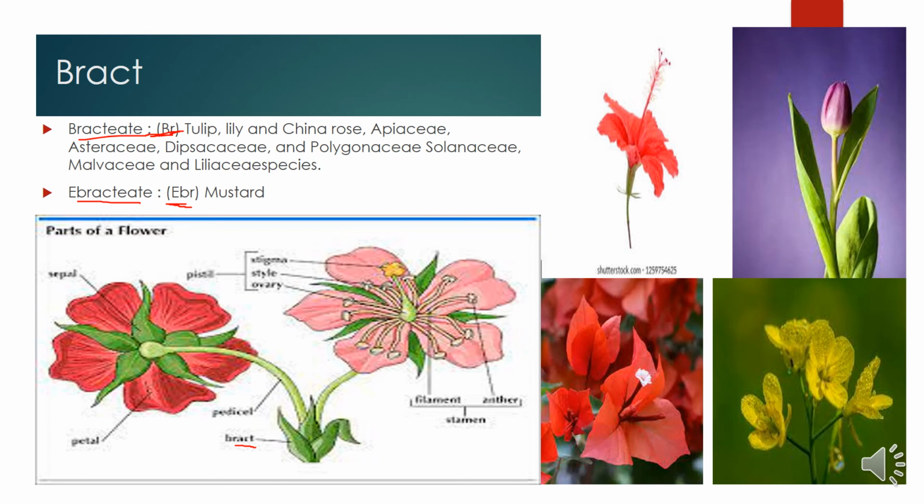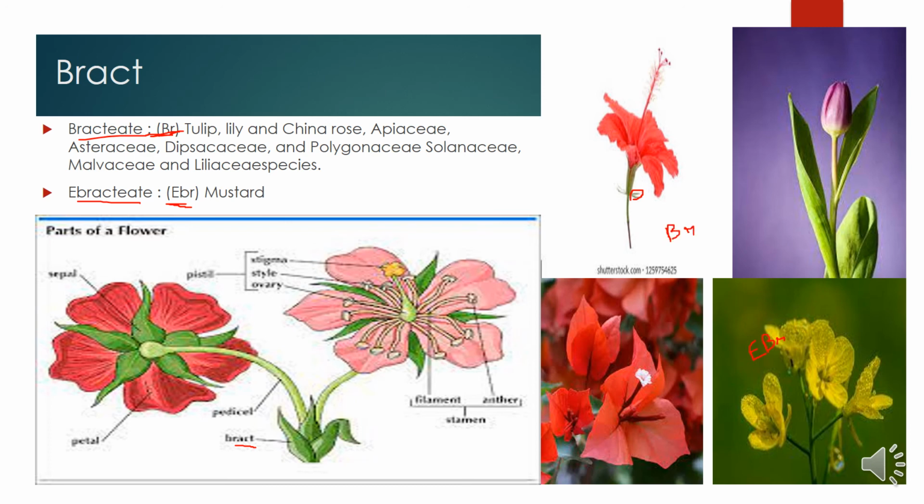Here, these are the bracts of hibiscus that I talked about. And you see this tulip, it does not have a bract, instead it has a leaf. This is also an ebracteate flower. We denote ebracteate by EBR and bracteate flowers by BR.